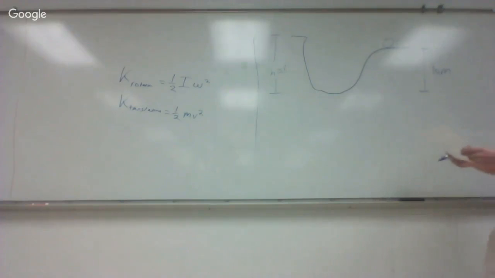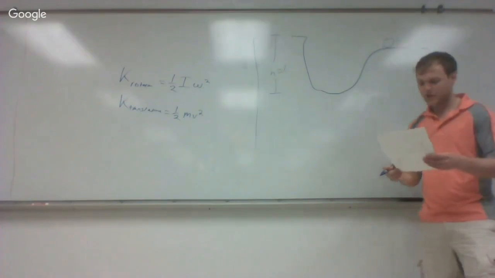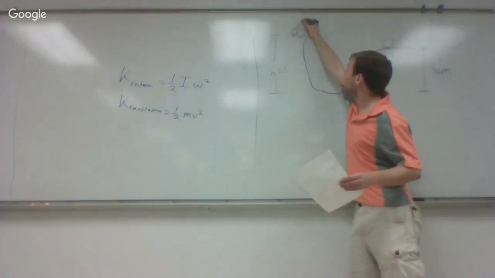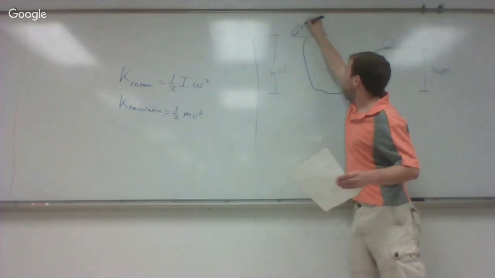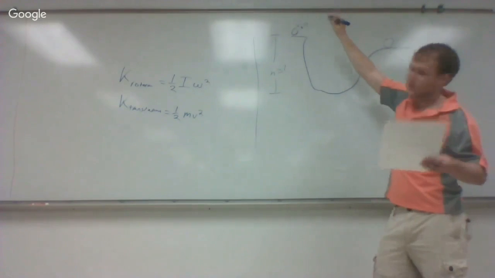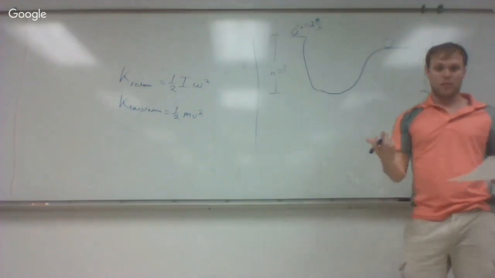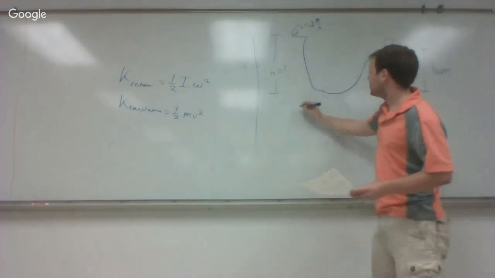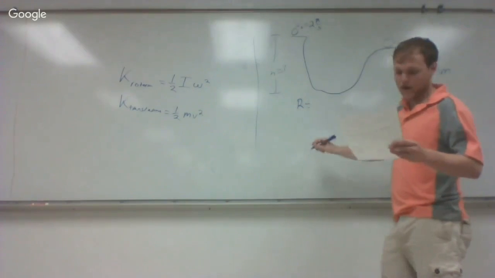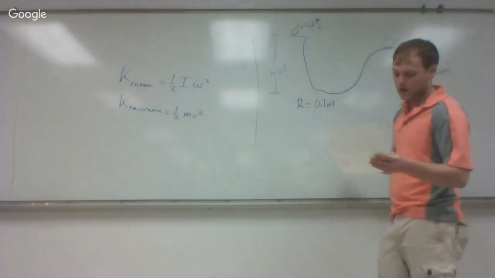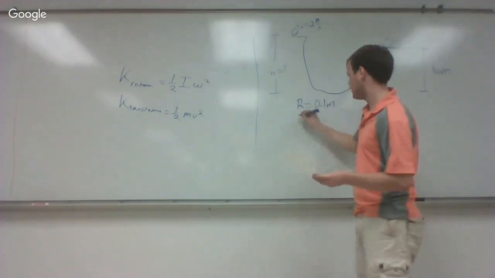So the ball is going to start with some velocity. It's a marble. It's got a radius. That radius is 1 meter. A really big marble. It's got a mass.